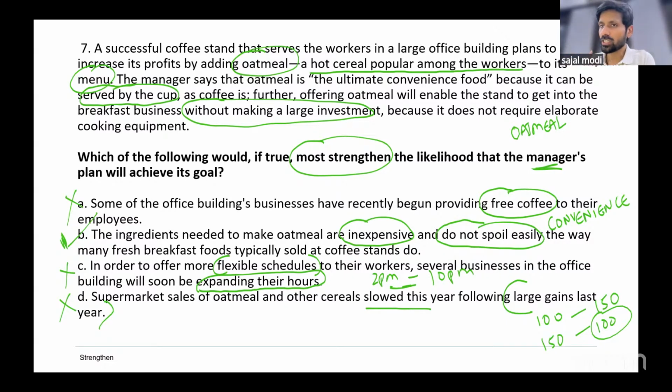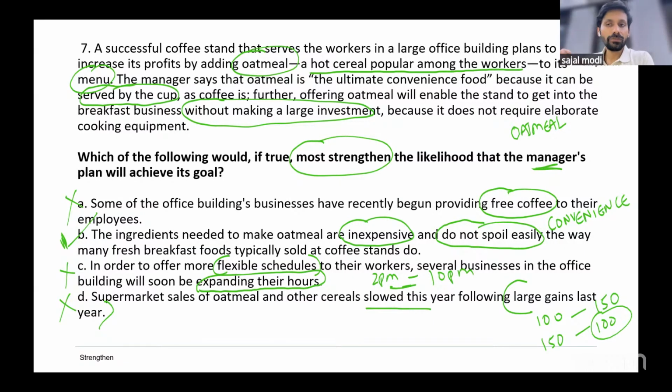So we are checking for support, and we are also checking for necessity. But in strengthen, we are just doing a simple test: take this information to be true, and check whether it supports the author's conclusion or not. If it does, it is the right option, right? So strengthen in that way is an easier topic compared to assumption, and also weaken.